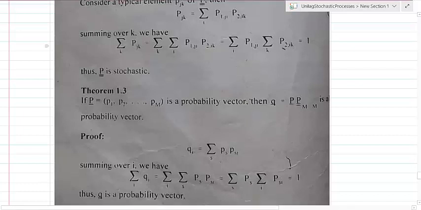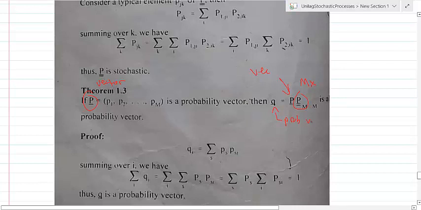All right, let me clarify this notation here. This P with a single underline is a probability vector, and this P with a double underline is a probability matrix. So he's taking the probability vector times the probability matrix. And that's still going to be a probability vector. So basically in the proof what happens is the product of the vector times matrix gives you one sum.